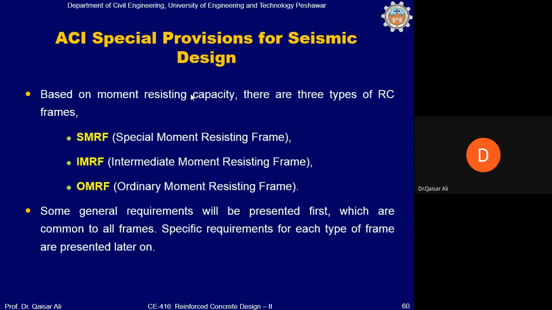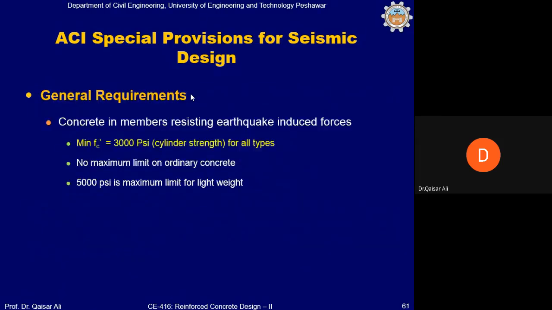So in the coming slides, we will first study the common provisions to all frames, and then special provisions of SMRF, seismic provisions for intermediate moment resisting frame, no provisions for OMRF. Okay, so general requirements for all types of frames are such that concrete to be used in the members of moment resisting frame.